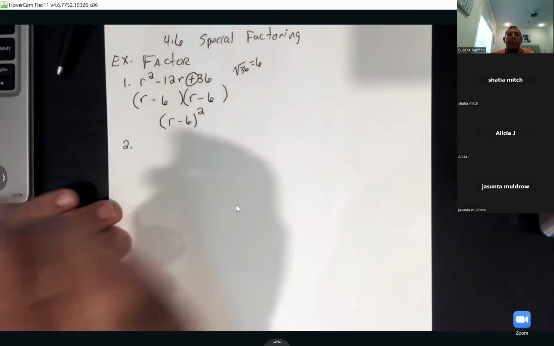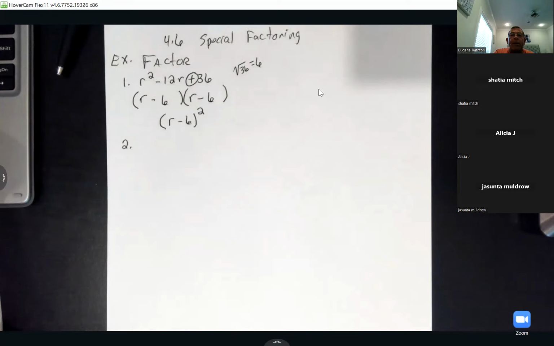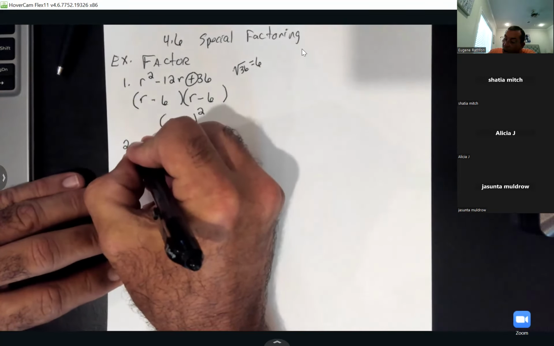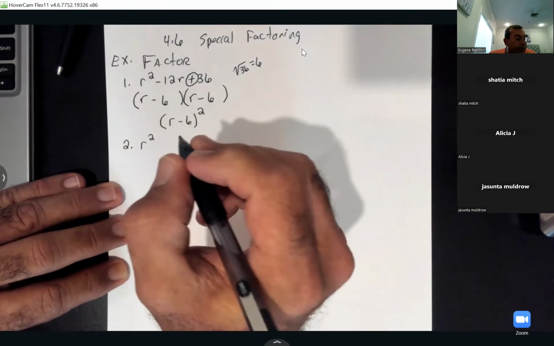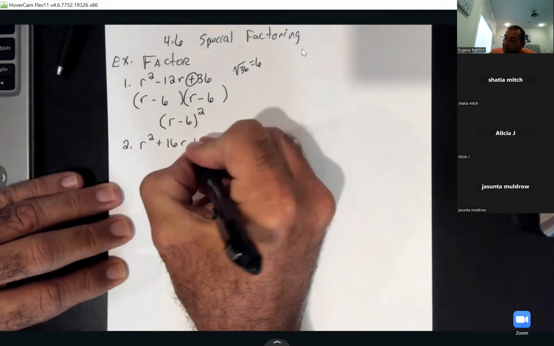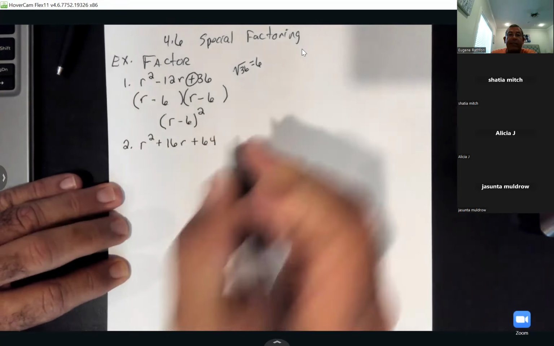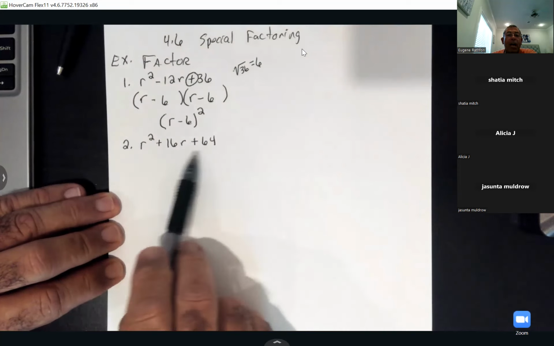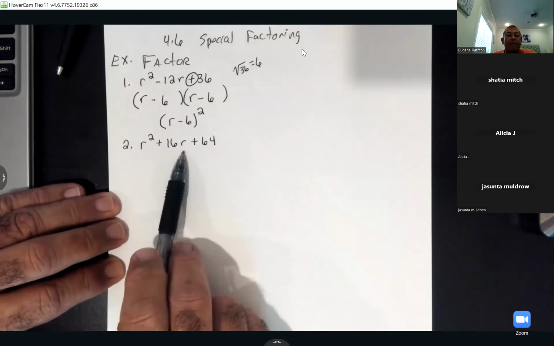All right, y'all. So same thing. Let me do another one. How about r squared plus 16r plus 64? Y'all notice, once again, there's not a greatest common factor to factor out of this.